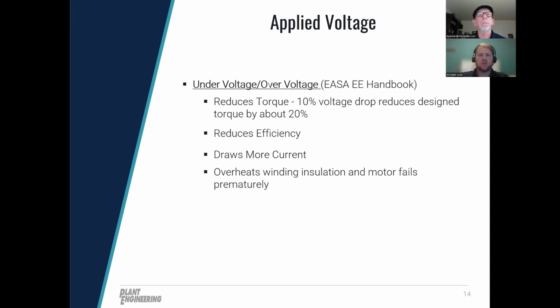One thing to note: most low voltage motors these days are typically rated at 460 volts. There are quite a few 600 volt motors out there. That was more of a popular thing in years past with paper mills and other facilities like that. But typically 460 volts is the most common low voltage that you're going to see in your facility.